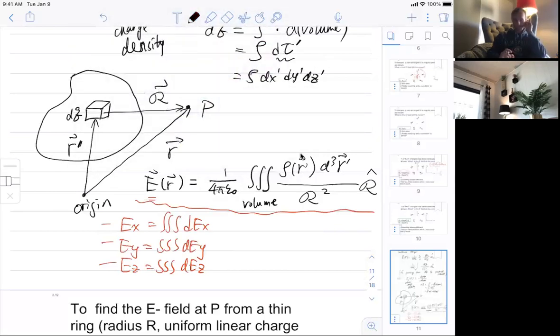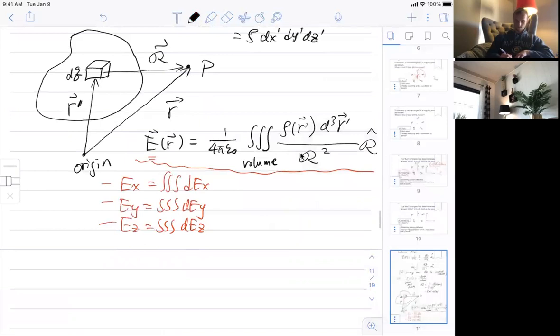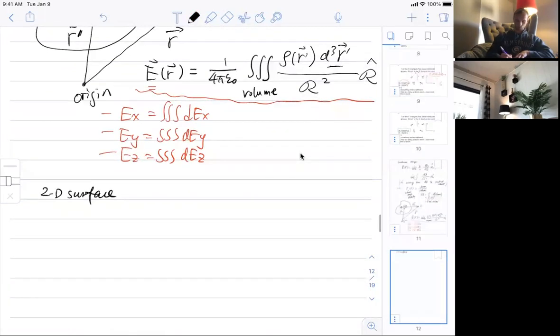So this is for a volume density. You can see the rest of those two follow very similarly. I already guessed what the surface charge is, right? You simply replace a volume density with a surface density, and instead of integrating over volume, you're integrating over a surface. If you have a 2D surface, then we define a surface density to be charge over area. So little dq is now sigma times the area.